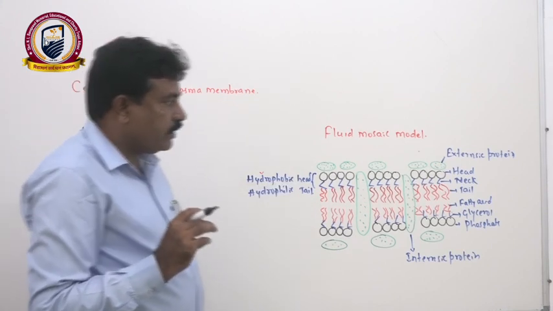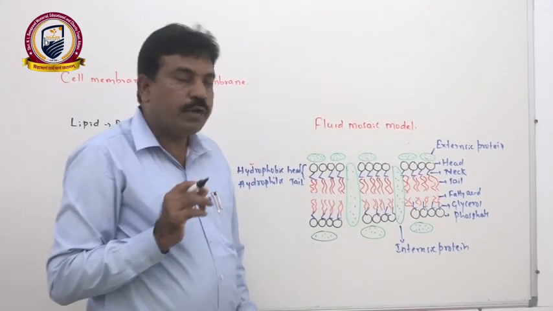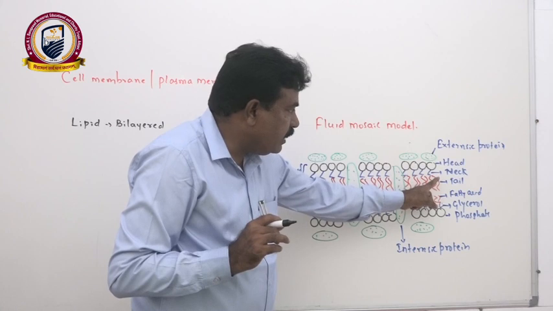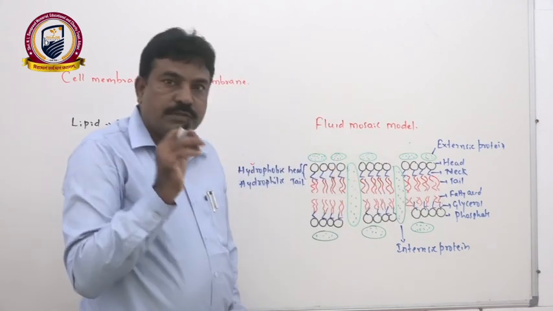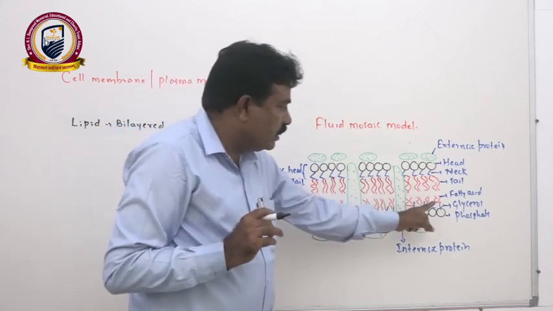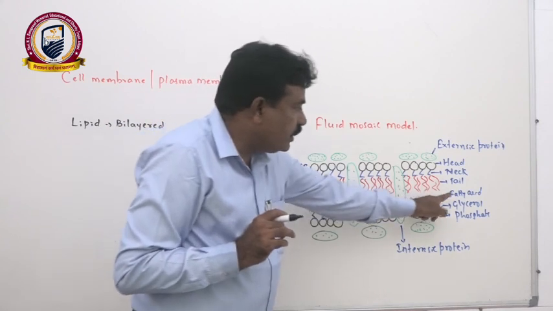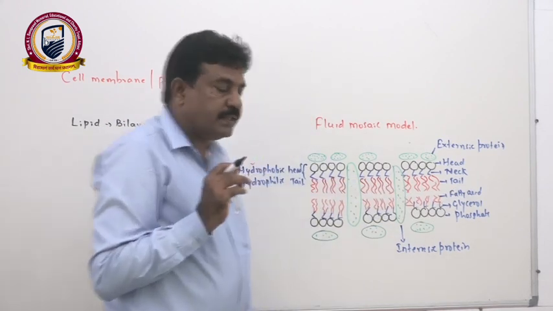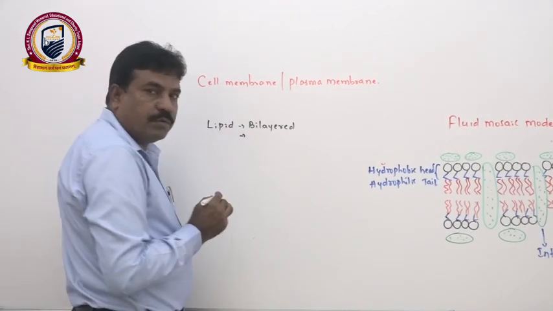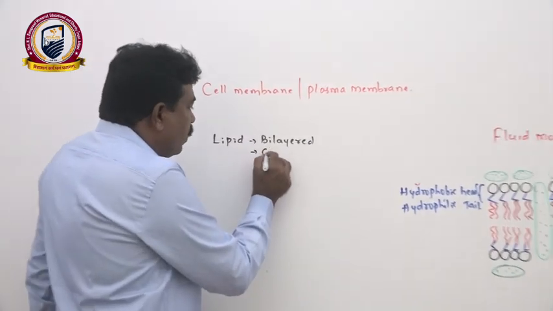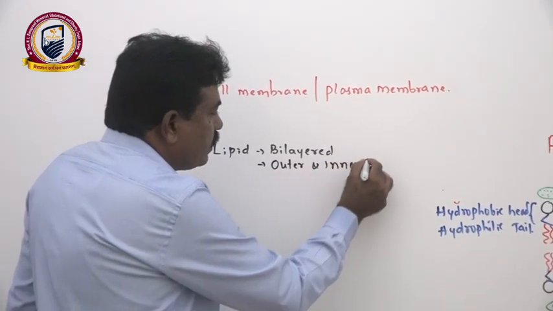Typically, a single lipid molecule has a head, neck, and tail. The head is made up of a single phosphate molecule, the neck of one molecule of glycerol, and the tail of two molecules of fatty acid.